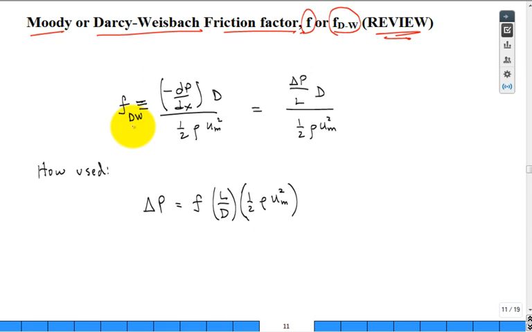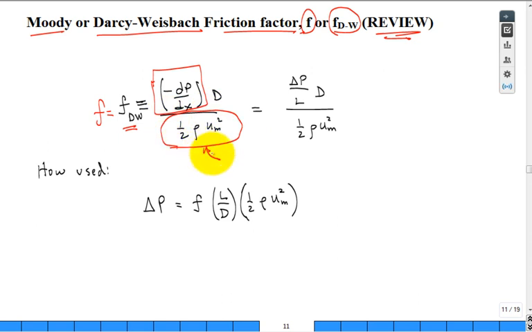It's defined in this book as just f, without the subscript DW, but the Darcy or Moody friction factor is called minus dP dx, again, this term is positive, times the diameter divided by 1/2 rho u mean squared.